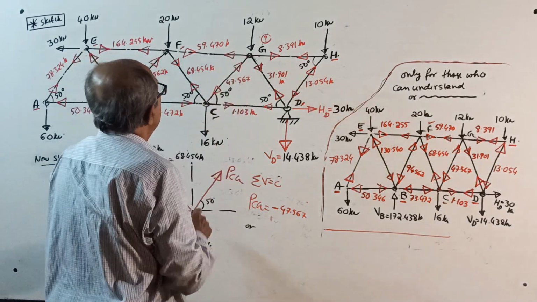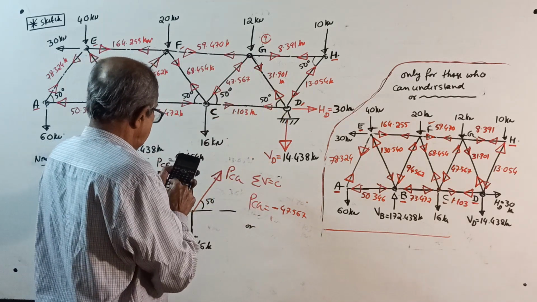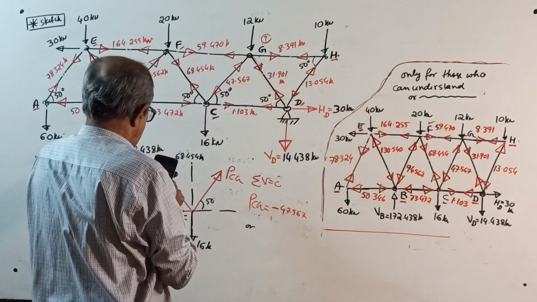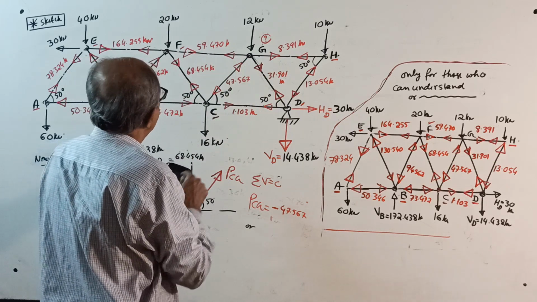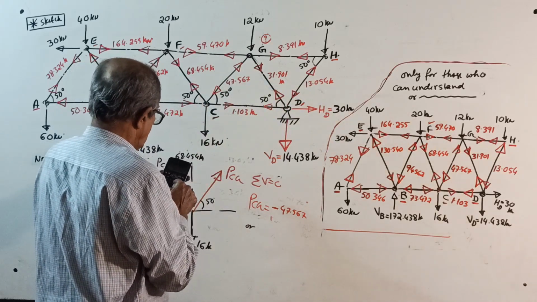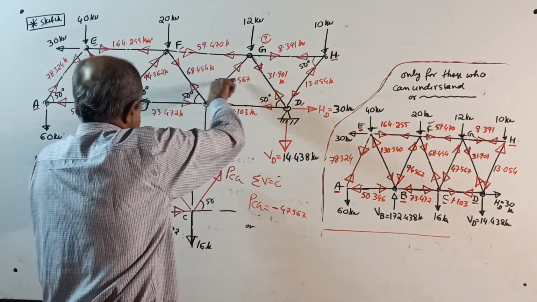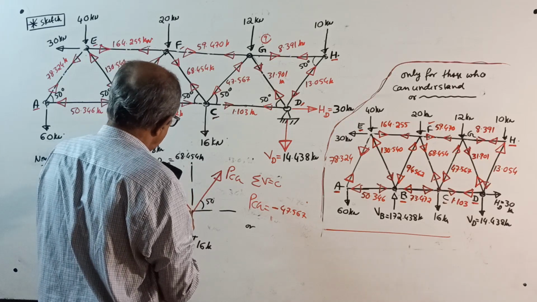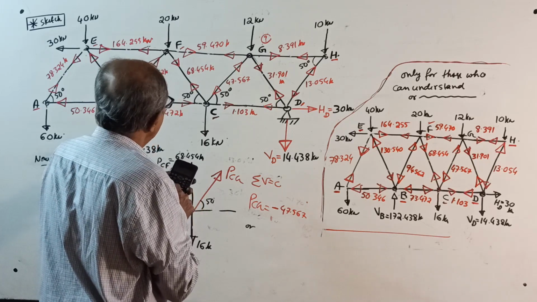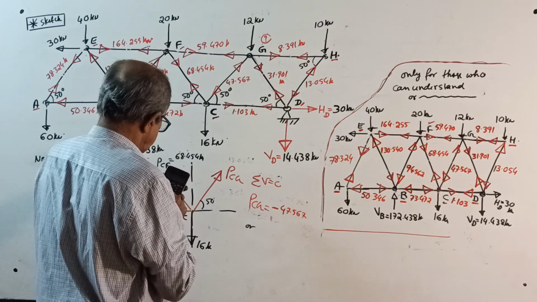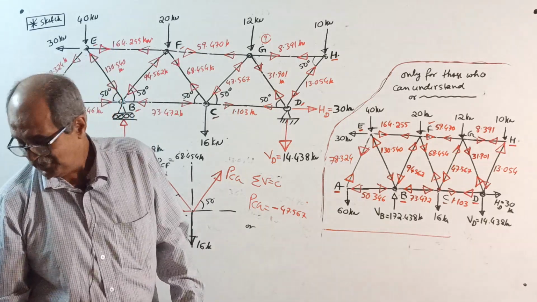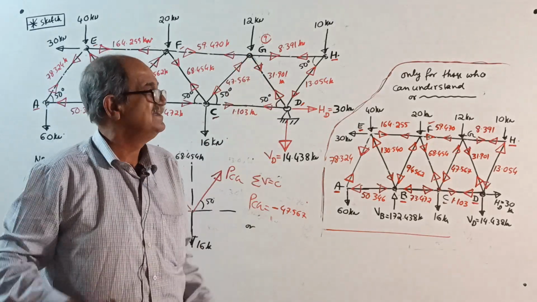If I do sigma H equal to 0 there, right side positive: plus 8.391 minus 59.470 plus 31.901 into cos 50, again plus 47.567 into cos 50. 0.0, oh yes, 0. Therefore, you can tell yes.